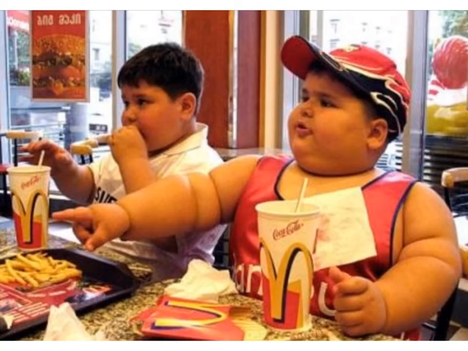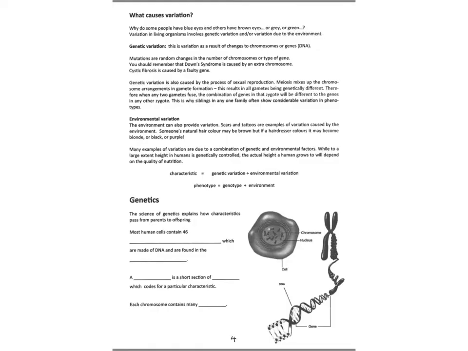But in fact, a lot of things like height and weight, well, you could have genes that enable you to grow quickly, but if you're not fed, if you don't eat, if when you're a child your parents don't give you calcium to make good healthy bones and so on, you won't actually ever get to be as tall as you might be.